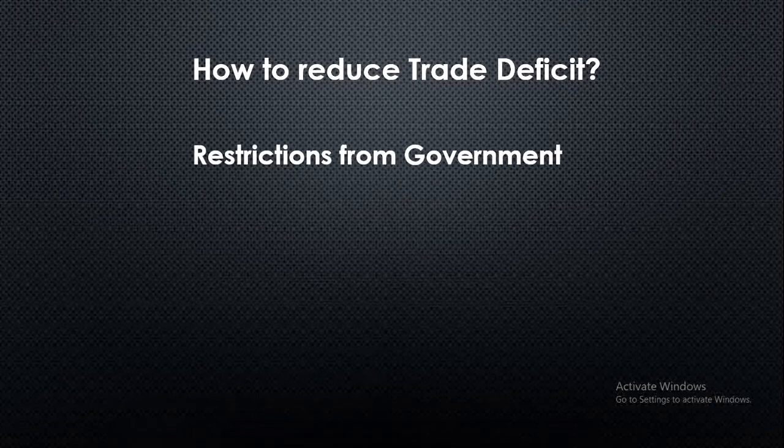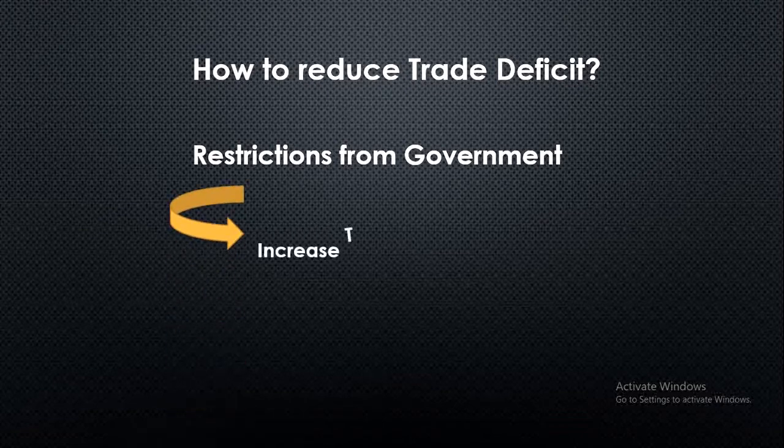So the government should bring some restrictions to reduce the trade deficit. How can they do that? By increasing the tax rate on import. This will ultimately decrease the import rate of that country if the government raises the tax rate on importing.